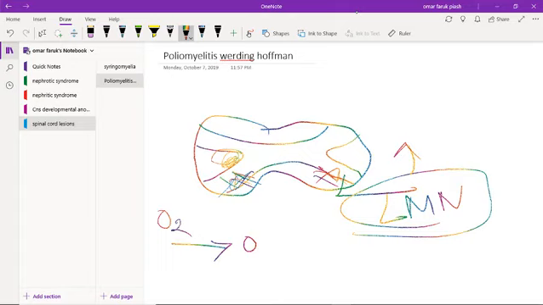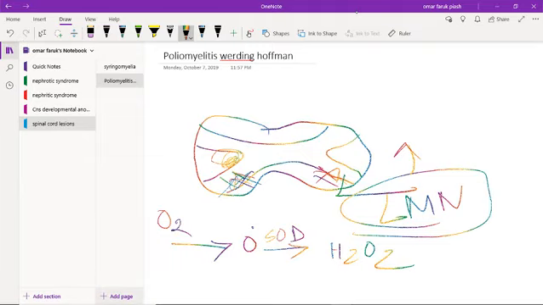Oxygen is converted into superoxide, and this superoxide is converted into hydrogen peroxide with the help of superoxide dismutase. If you don't have this superoxide dismutase, it may injure your nerve and cause radical injury in the neuron.